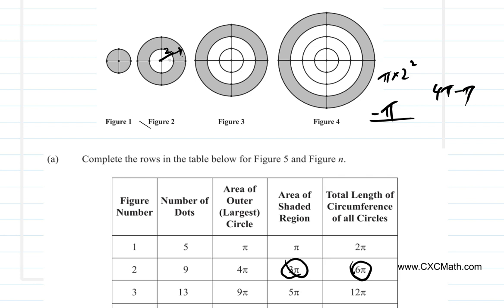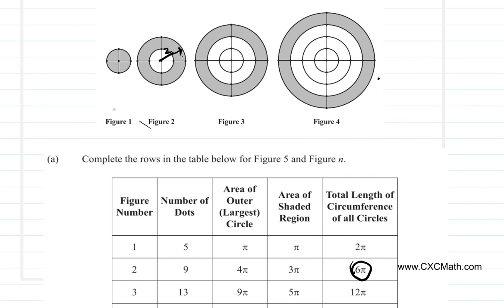The total radius is 2. Area is pi r squared, which is pi times 2 squared, which is 4 pi. Minus the inside area, pi. 4 pi minus 1 pi is 3 pi. That's interesting.